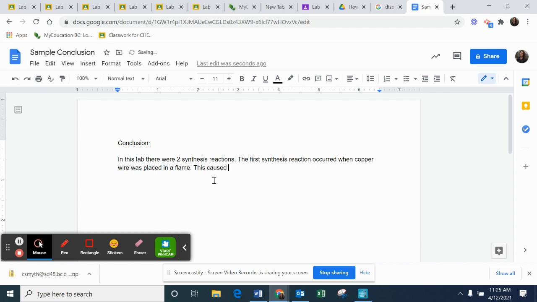This caused it to react with oxygen, creating a green flame and changing the color of the wire. And then I would write out my balanced equation: copper plus oxygen goes to, and so on, and balance it.